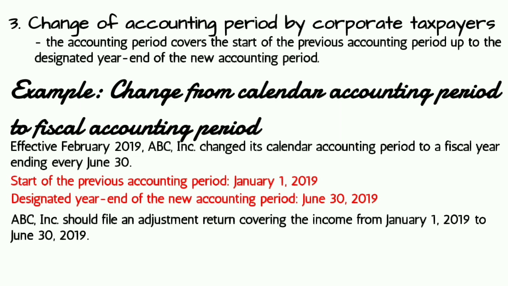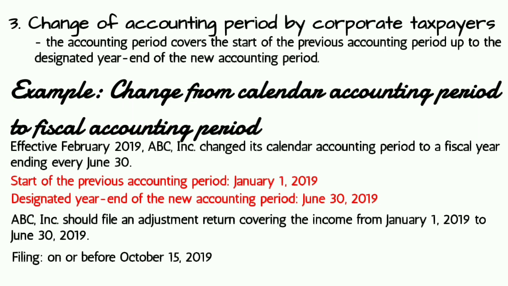Ang tanong, kailan ang deadline ng pag-file ng adjustment return? Ang deadline ng pag-file ng adjustment return ay October 15, 2019. Bakit October 15, 2019? Kasi yung October 15, 2019, yan yung ating 15th day of the 4th month after June 30, 2019.